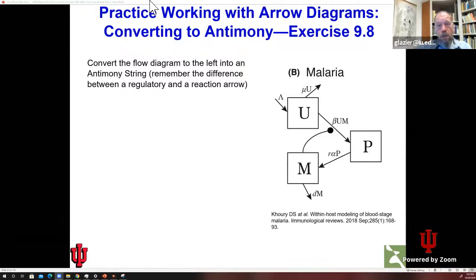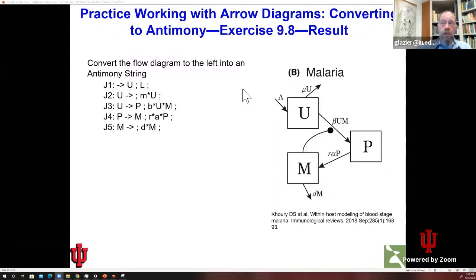Does anybody need more time? So again, there are 1, 2, 3, 4, 5 arrows, so they're going to be 5 lines.